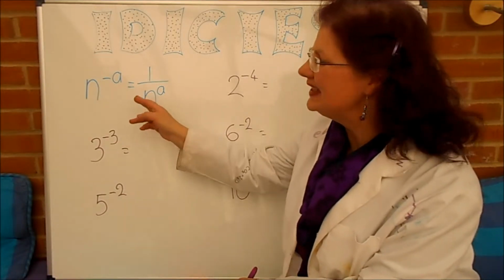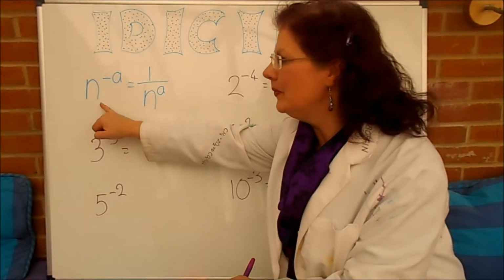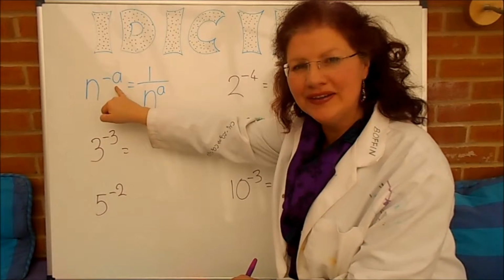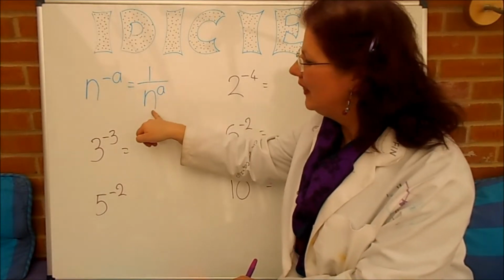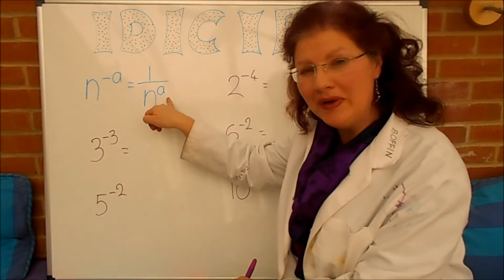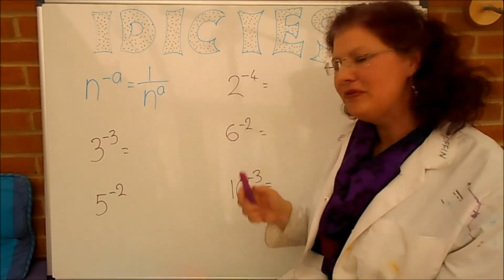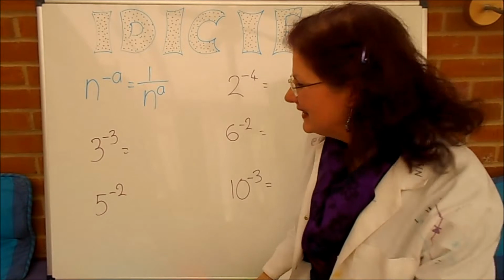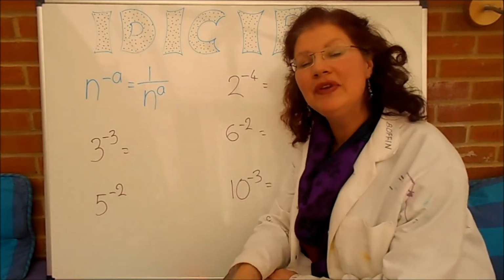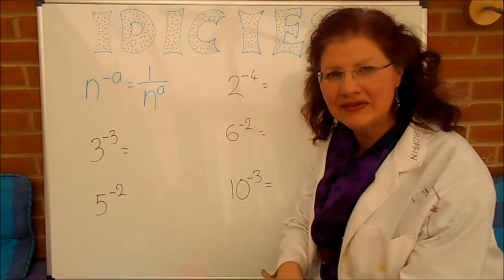Right, here we are. I've written it out again up here. Any number to a negative power is equal to 1 over that number to the normal power. So let's have a go through some of these here. I'll work through one and then you can do the rest. To start off, we've got 3 to the power negative 3.